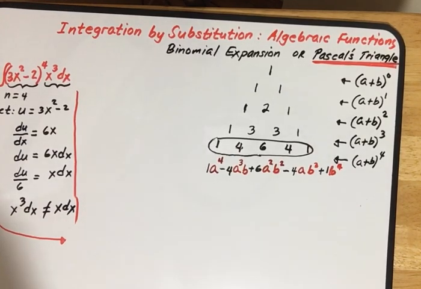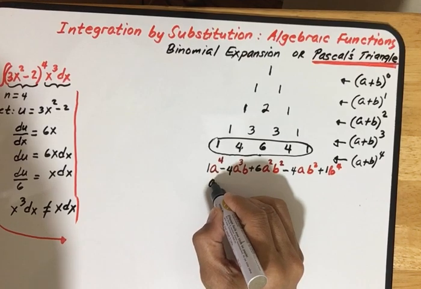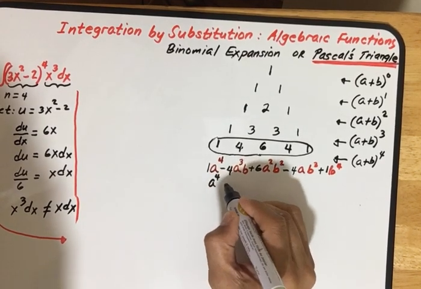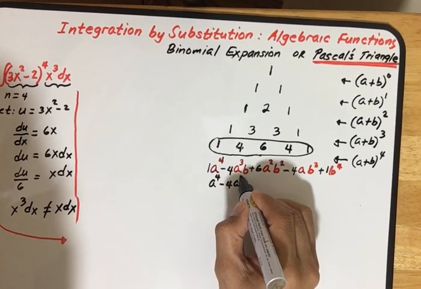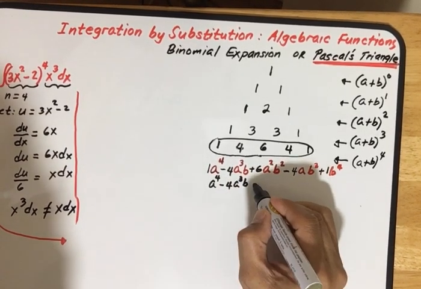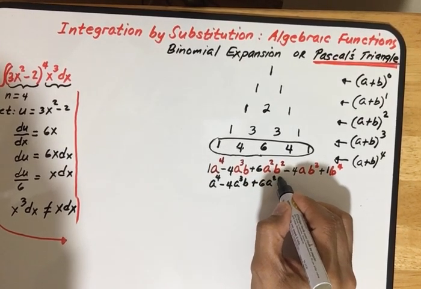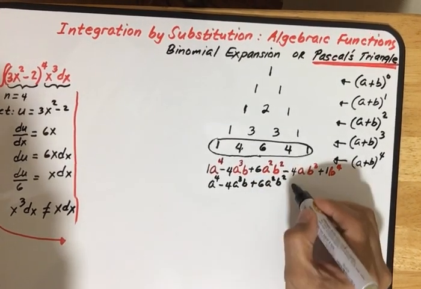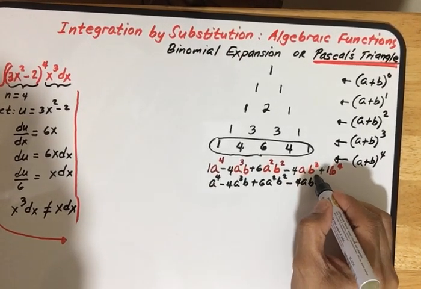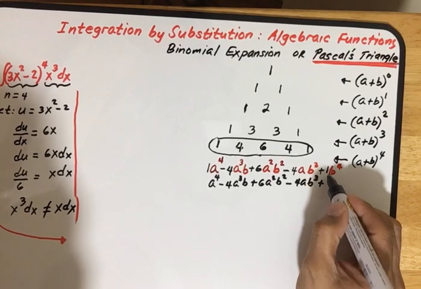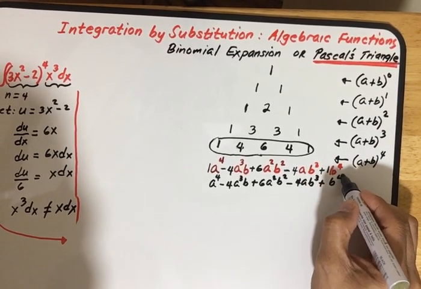So rewriting it, this will be A to the power 4 minus 4A cubed B, plus 6A squared B squared, minus 4A B cubed, plus 1 times B is B, so B to the power 4.